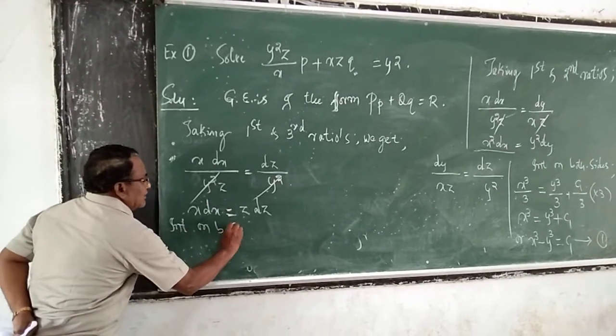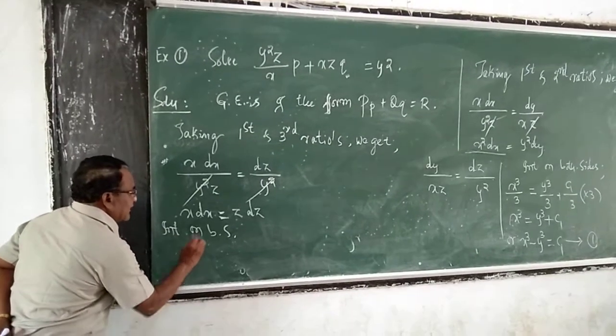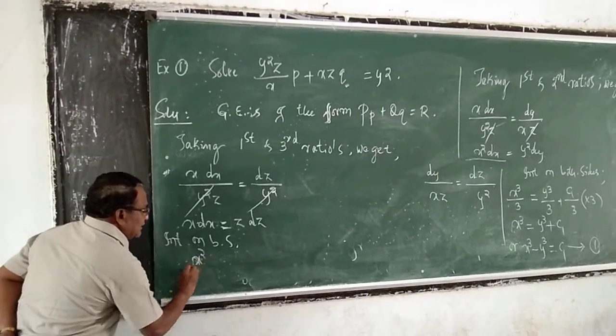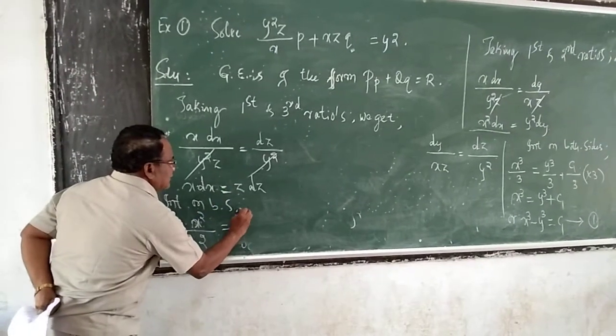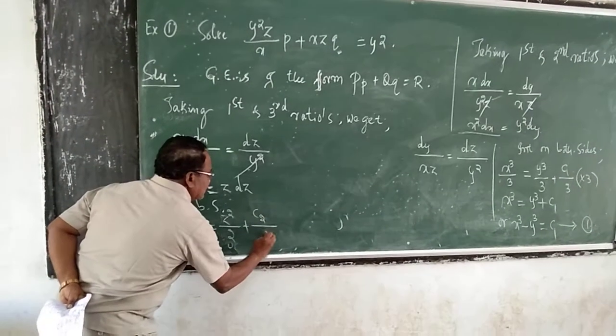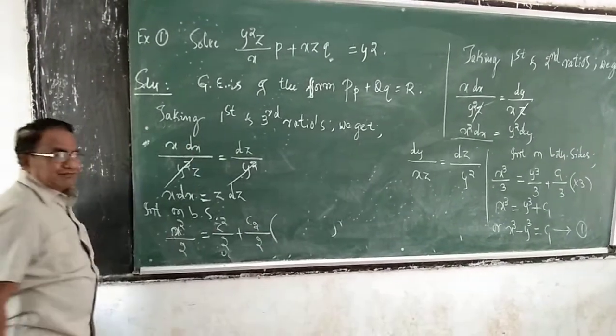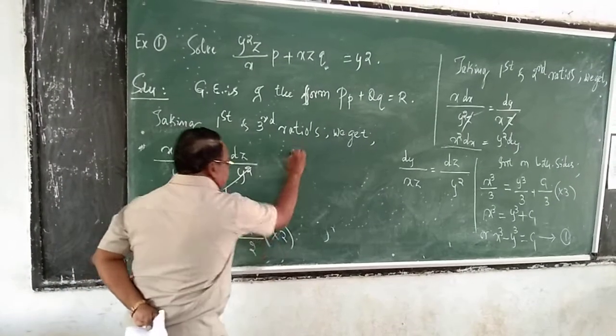Integrating on both the sides, what we get? Integration of x with respect to x is x squared by 2 is equal to integration of z with respect to z is z squared by 2, and take the constant as c2 by 2 and multiply by 2 on both the sides.